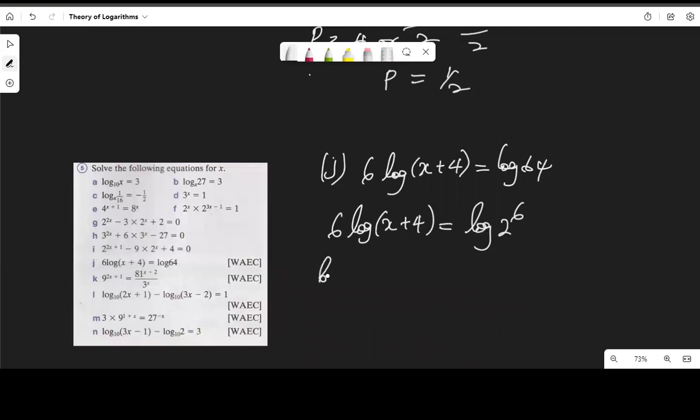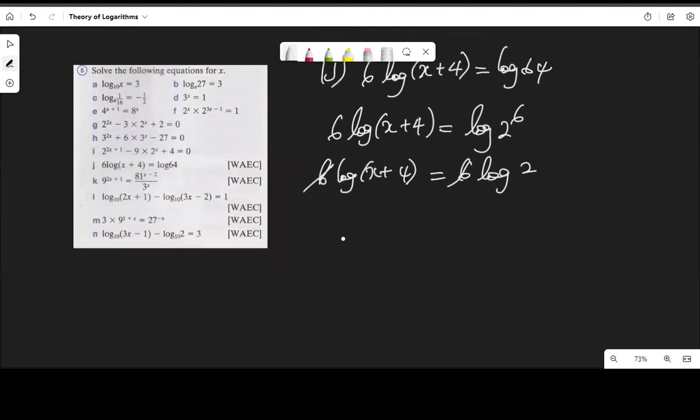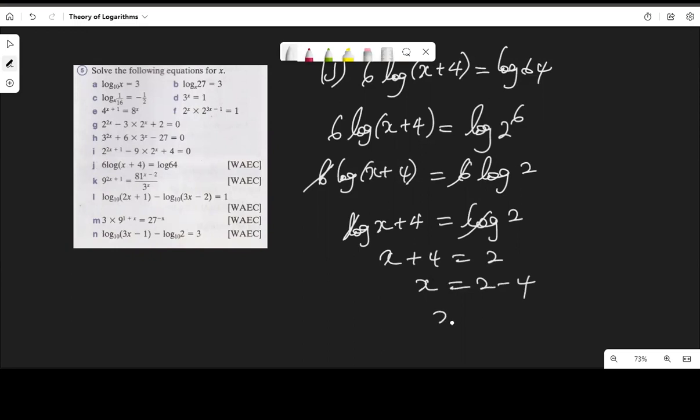And that will be 6 log (x plus 4) equal to 6 log 2. This 6 will cancel out, so that I have log (x plus 4) equal to log 2. The log will cancel. x plus 4 equal to 2. x equal to 2 minus 4. x is minus 2.